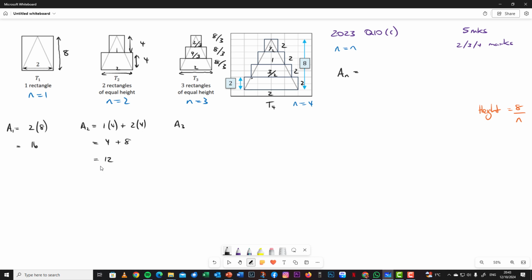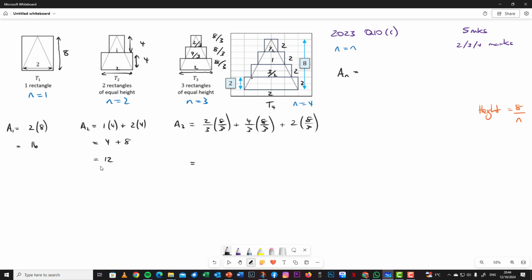In the third one, we've already got the work done, but we'll still write out the pattern. We know that it's 32 over 3 from the previous part, but the area of the three rectangles is, again, going from the top, we have the base 2 over 3 times the height, which is 8 over 3, plus in the middle rectangle, we have the base 4 over 3 times the height, which is 8 over 3, plus then the bottom rectangle, we have a base of 2 times the height, which is 8 over 3.